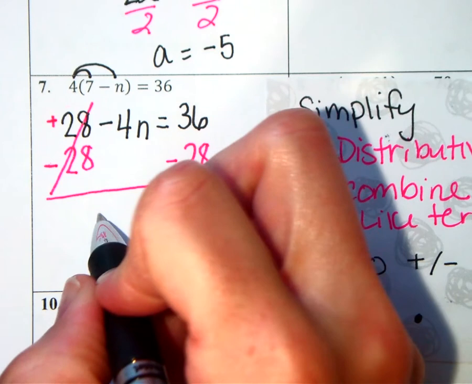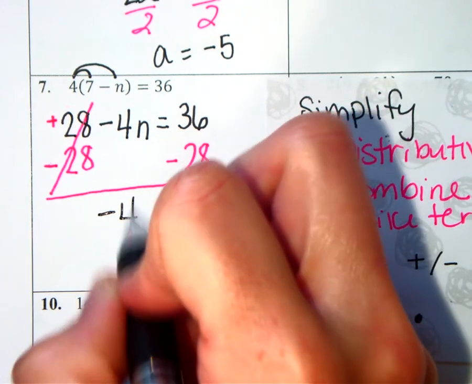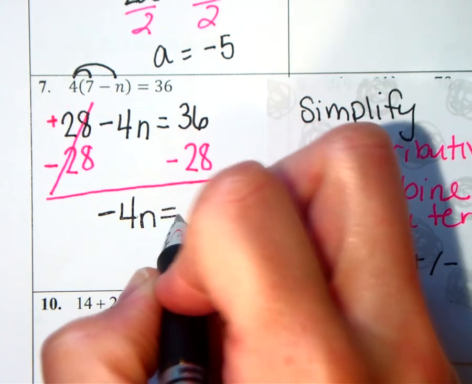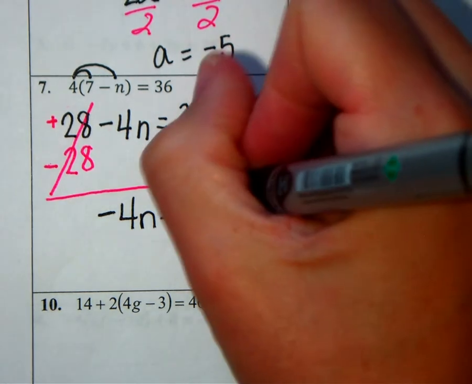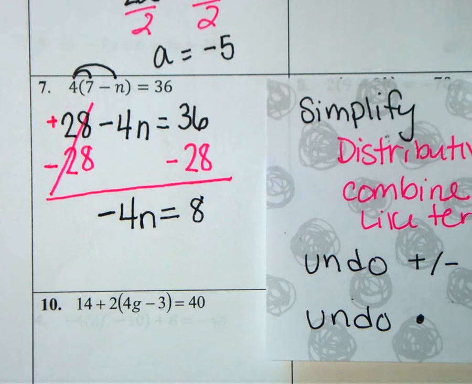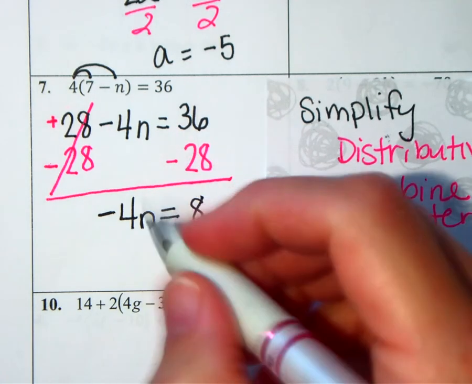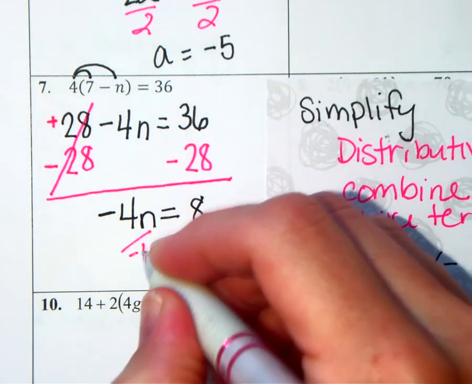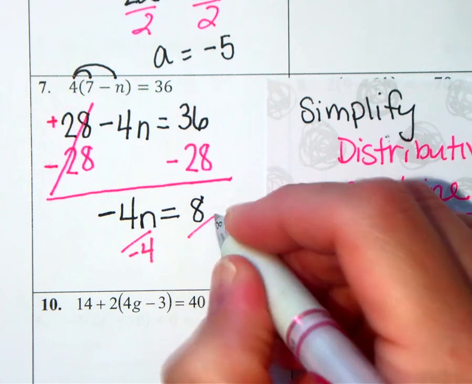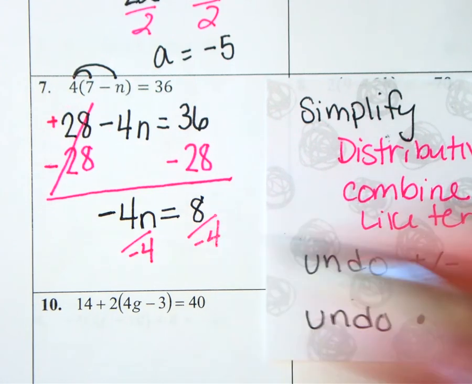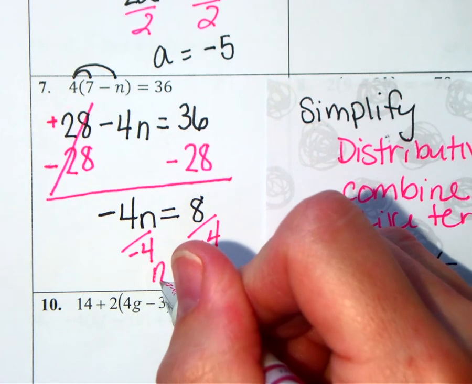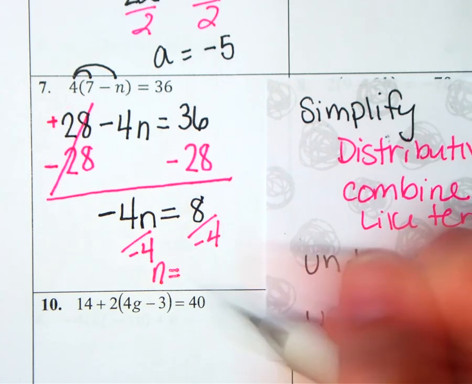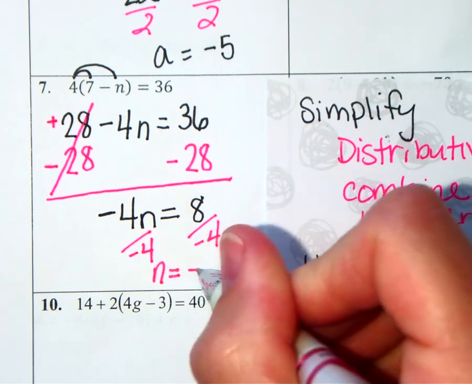There is still a negative sign in front of that for n. And now I'll do 36 minus 28, which is 8. I'll divide both sides by -4. And you get n to equal -2.